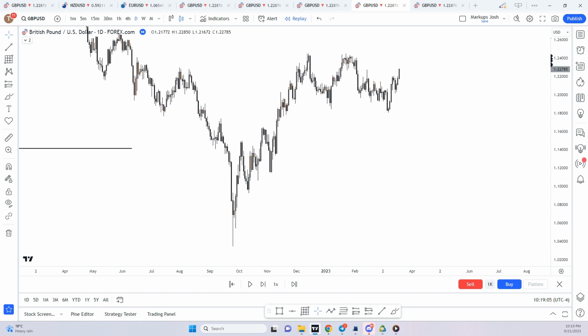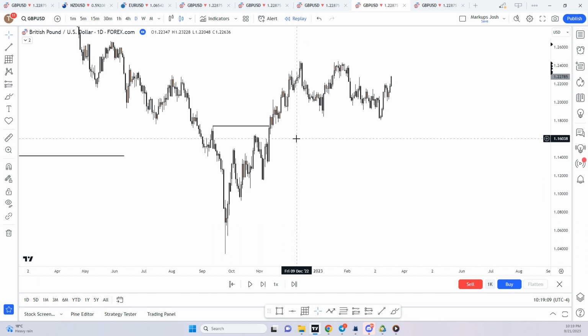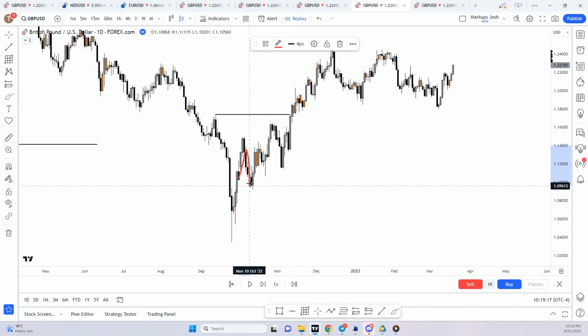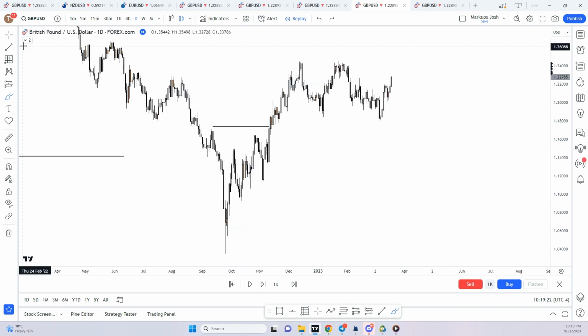Absolutely mental. So then when we get this shift in structure here, we can start to be hunting buys. And reasonably speaking, you can start to be hunting buys when we get this internal structure, because this would be a 15-minute swing structure.